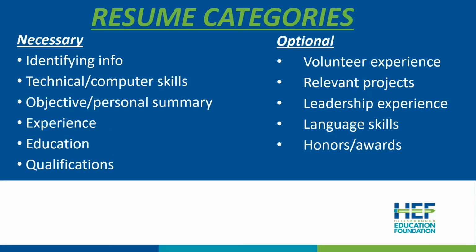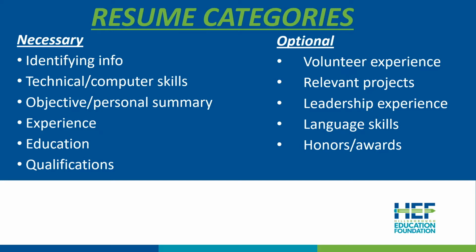Some of the key categories that are pretty important in your resume are to make sure that you have your identifying information at the very top of the resume. Your technical or any type of computer skills probably need to be highlighted at the very top of that resume as well. Your objective or personal summary is important at the very top.